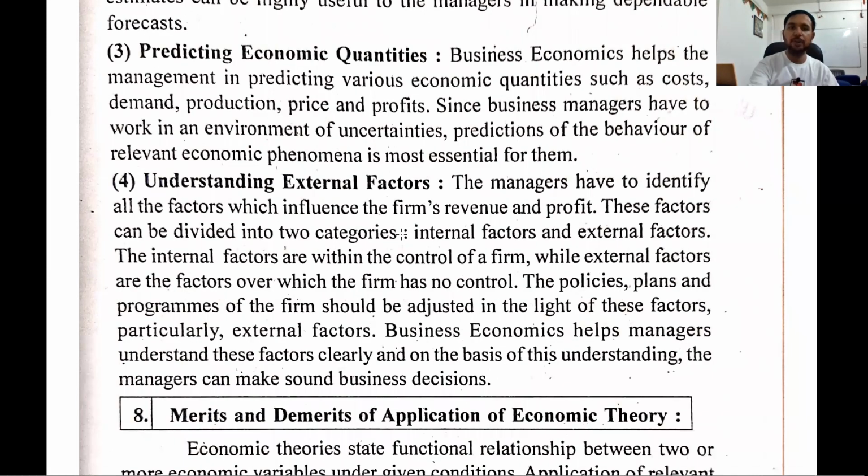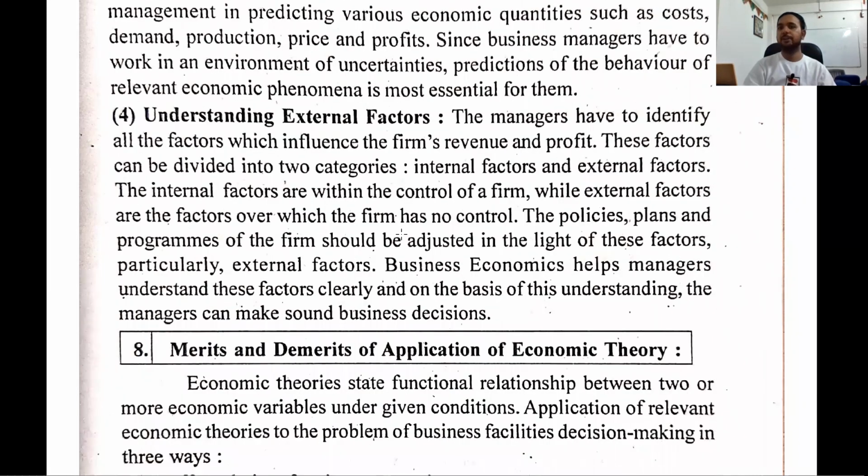Now we have the fourth point, that is understanding external factors. Let's read. The manager has to identify all the factors which influence the firm's revenue and profit. There are two kinds of factors, internal factors and external factors. Internal factors are under the control of the firm, but there are certain external factors which affect the business, but a business enterprise cannot control them.